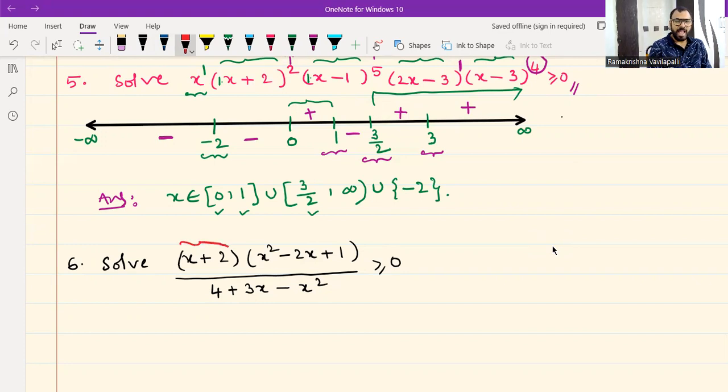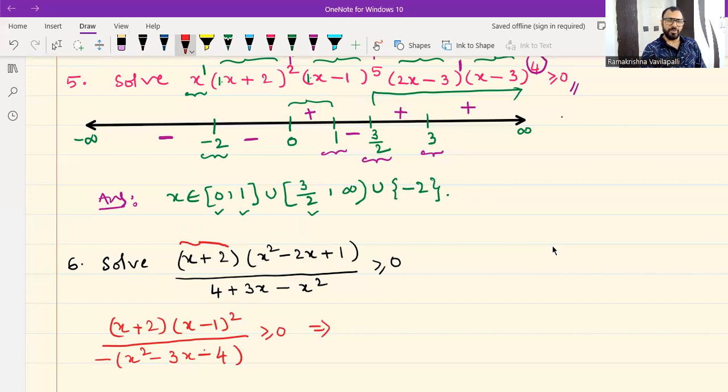Okay, so I'll rewrite this inequation once again. x plus 2 is there, this is x minus 1 whole square. Now see what is there in the denominator. In the denominator, I'll take a negative sign common: x square minus 3x minus 4 greater than or equal to 0.